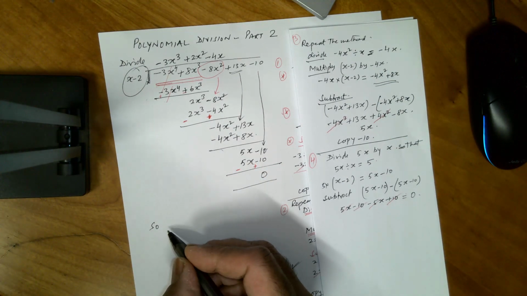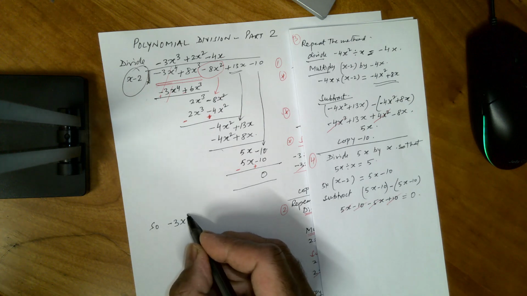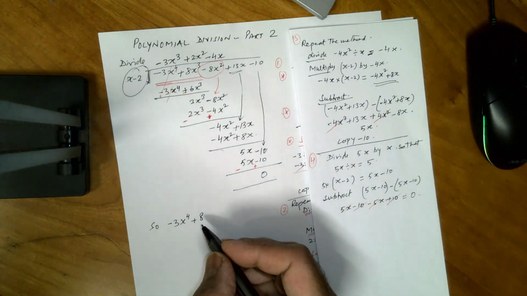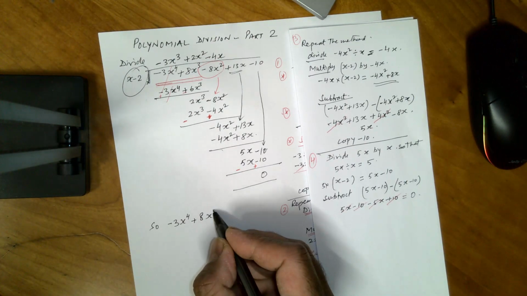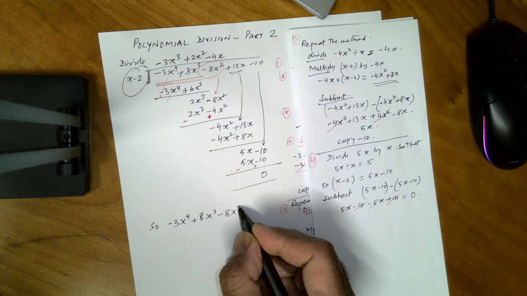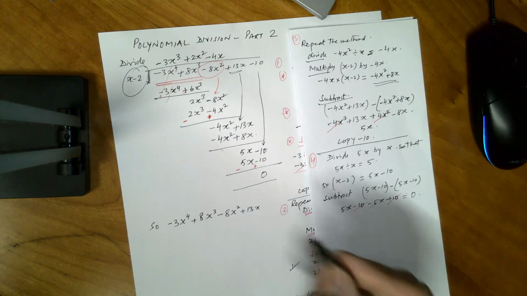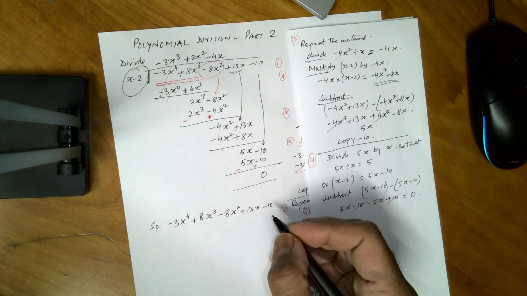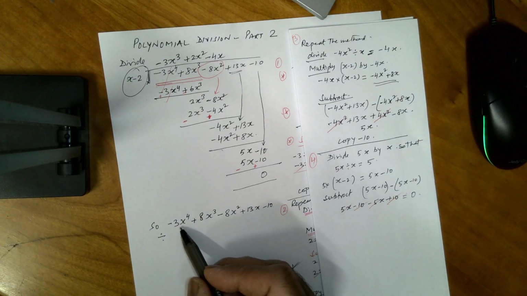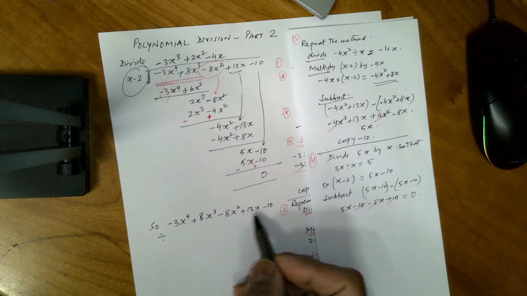So towards the end, you need to write, so you write your polynomial equation now, minus 3x to the power 4 plus 8x cubed minus 8x squared plus 13x minus 10, divide by, let me see that everything is okay, minus 3x to the power 4 plus 8x cubed minus 8x squared plus 13x minus 10.